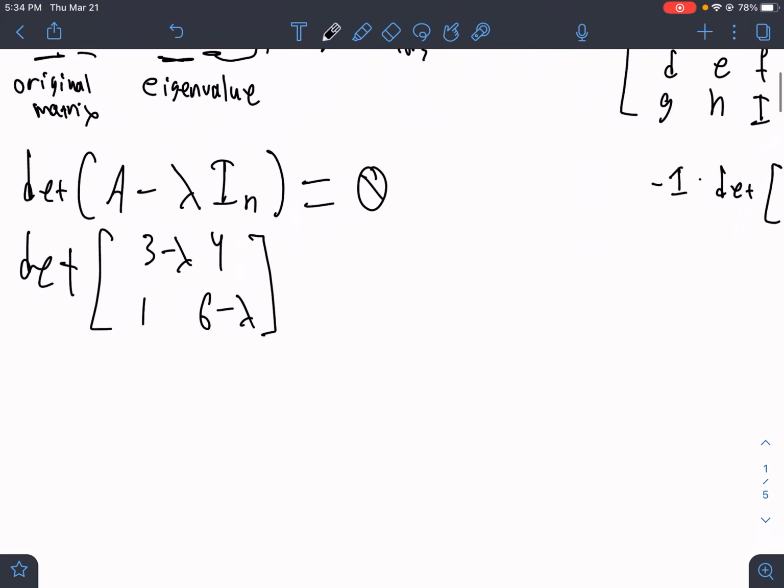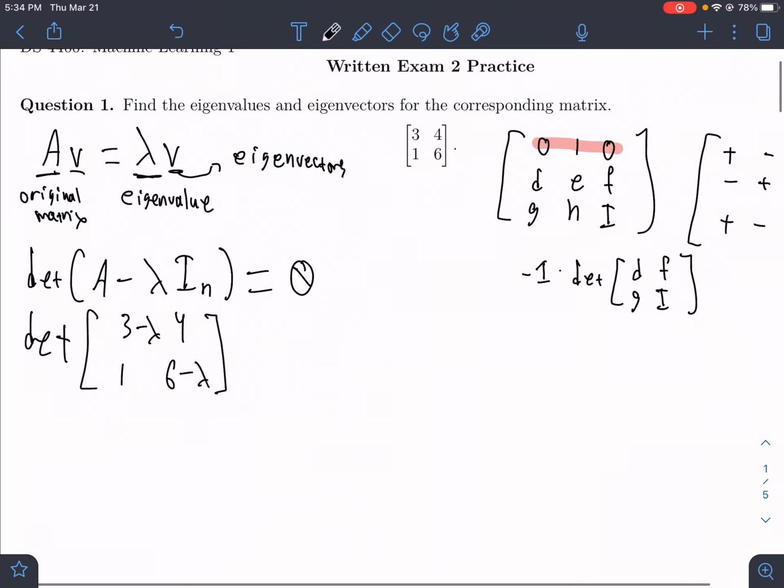All right, so for a 2x2 matrix, we can apply Laplace expansion. We could choose a row and then expand by all the columns, and the determinant of a 1x1 matrix is simply the entry inside the matrix. So Laplace expansion does work for a 2x2, but it's much more simple to just remember that the product of the upper diagonal is subtracted from the product of the lower diagonal.